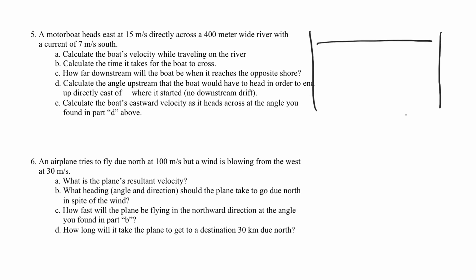They tell us that the river is 400 meters wide. We have a boat that's traveling at 15 meters per second across, but we also have the river traveling south at 7 meters per second.